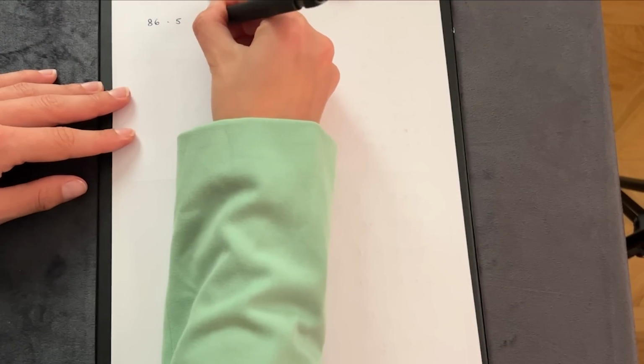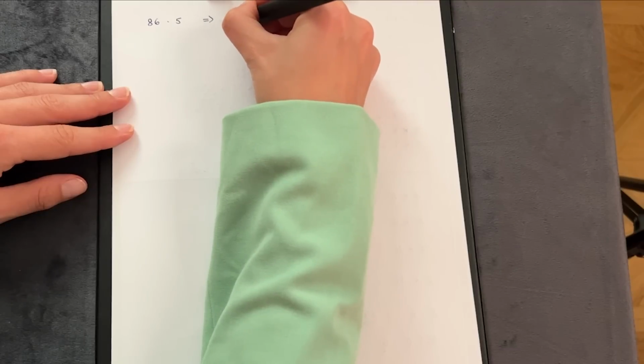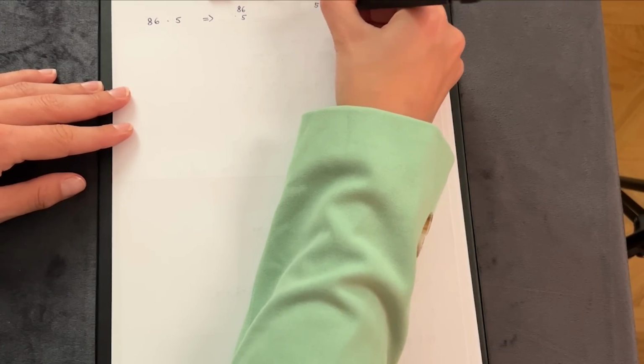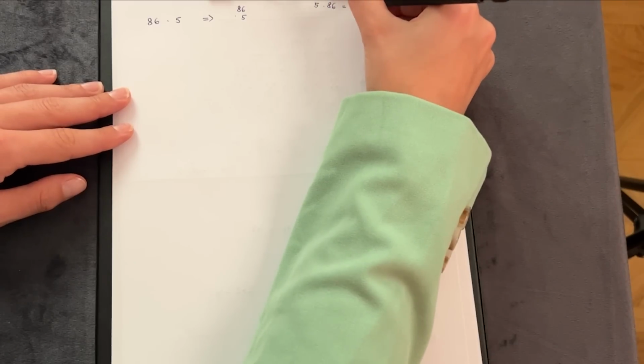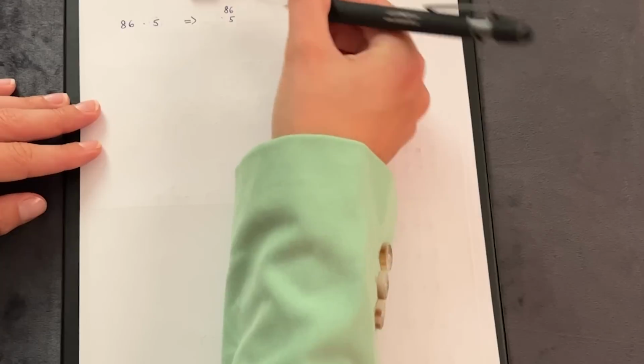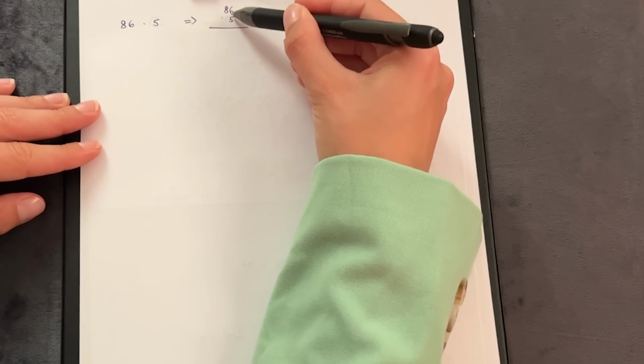I will show you how. We will write it like 86 times 5. Even if you had 5 times 86, it is always better to write the larger number on top, and only then you write the smaller number. So now we have it written under one another, one beneath the other. Great.